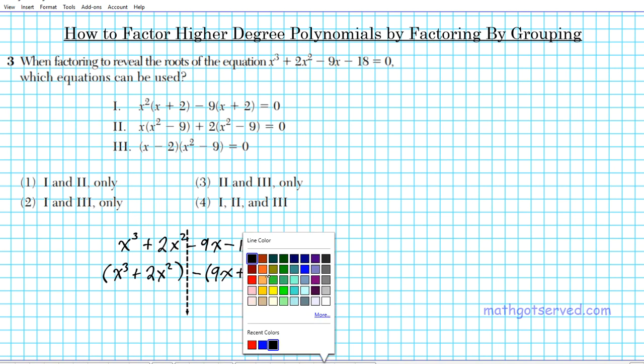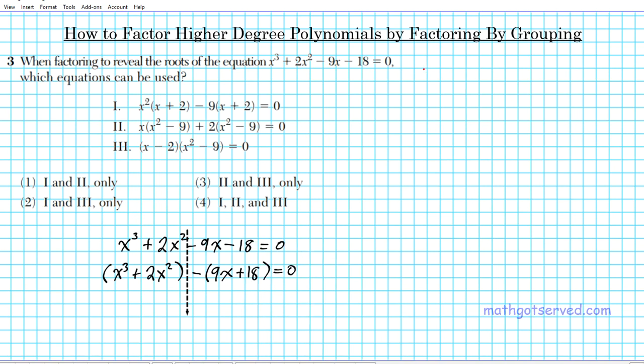Now something to remember concerning factoring out the GCF. You want to remember that when you factor out a GCF, what is it you're doing in essence? When you factor out a GCF, what you're doing is dividing out that GCF.